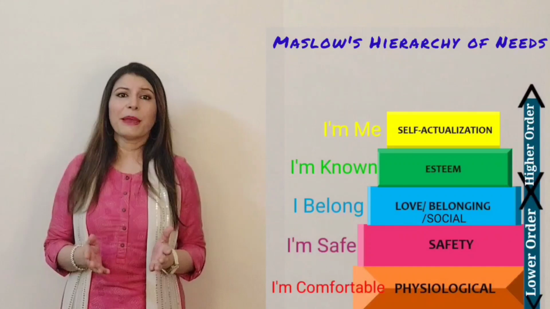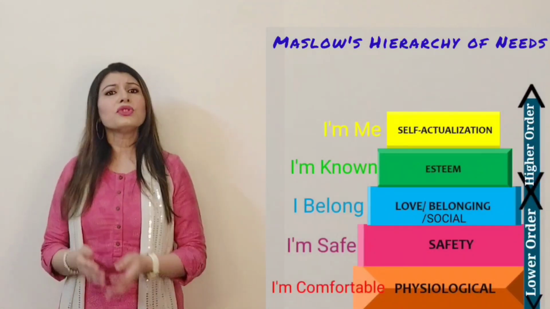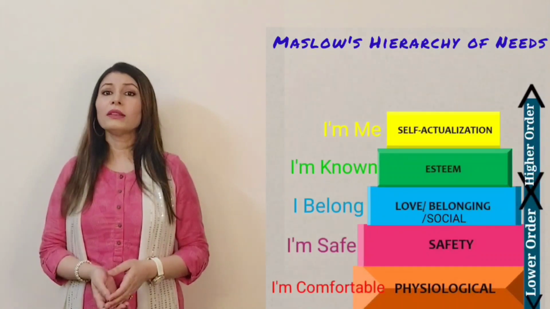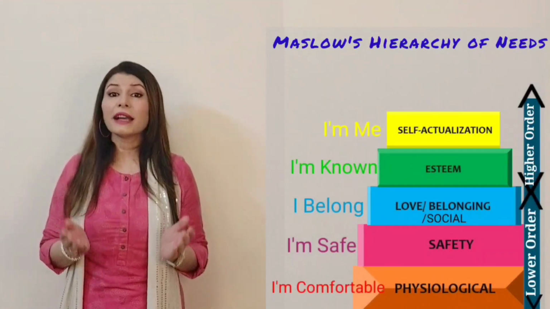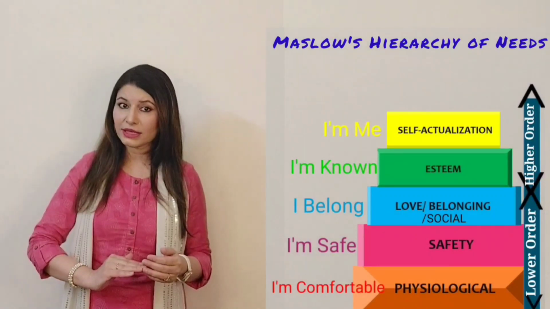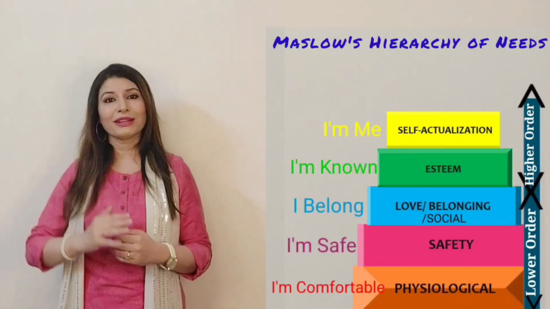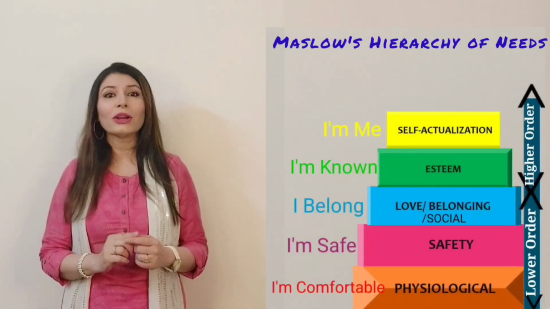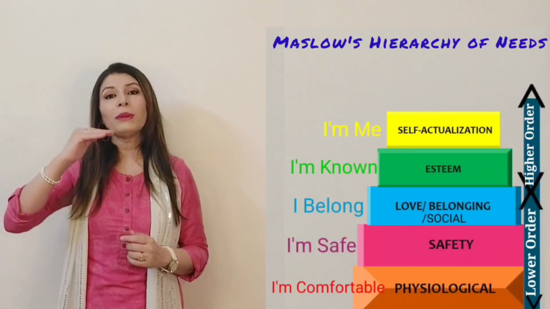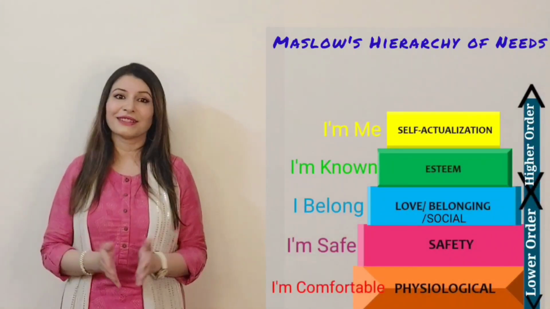We cannot expect someone who is hungry and has no food to shower love on others or think about building their status. Therefore, the satisfaction of lower order needs paves the way for the satisfaction of the higher order needs. The cycle of growth and development is not complete until the top level needs, that is, self-actualization needs, are satisfied.